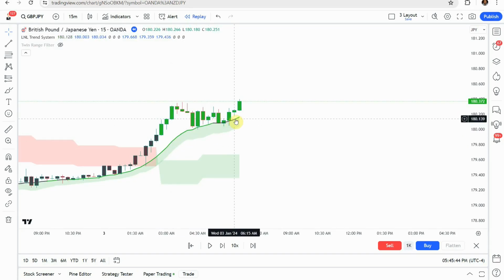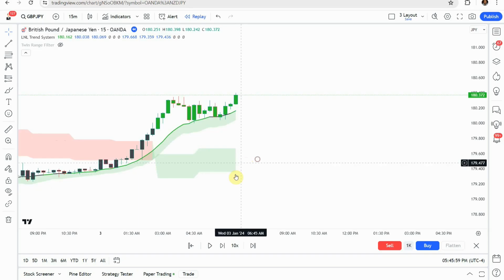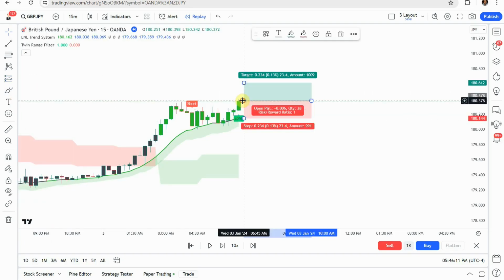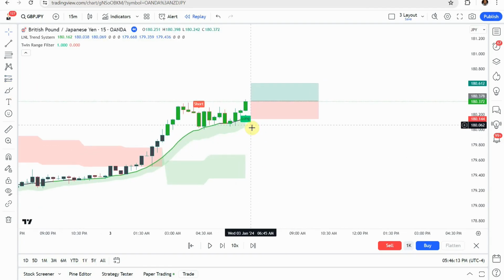The line here, which is a solid line, looks like a moving average. You want that to be green. This cloud here right below it, you want to be green. And this larger cloud here, you want to be green. So all aspects here of the LNL trend system is green, along with that buy tag or long tag right there. And so when all that lines up, that's going to be your signal to enter into a trade.